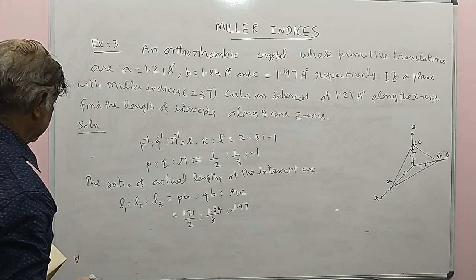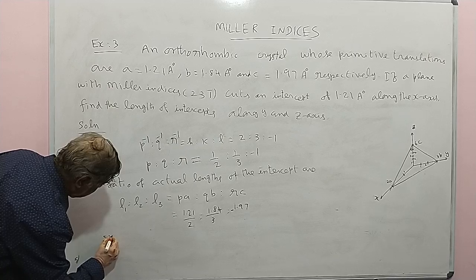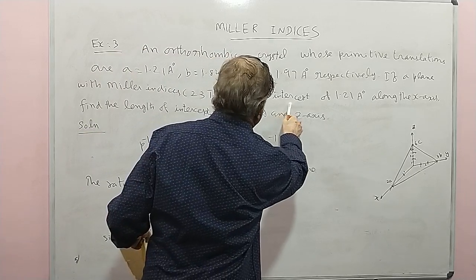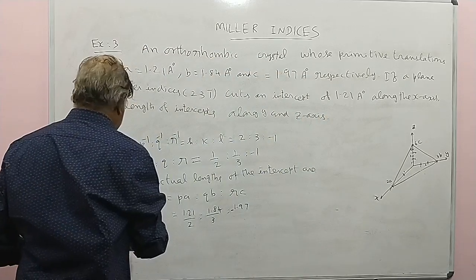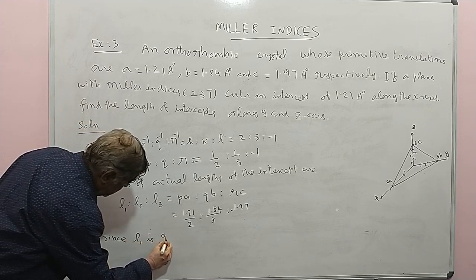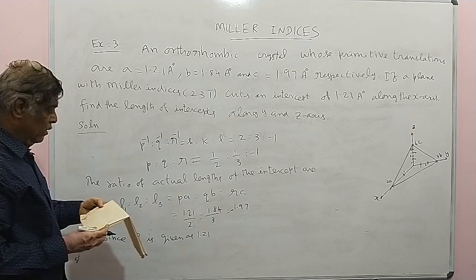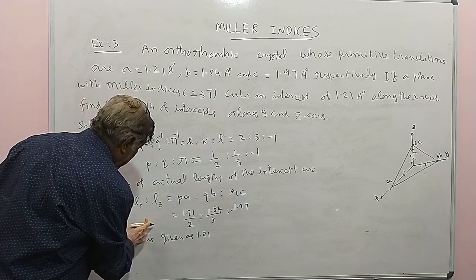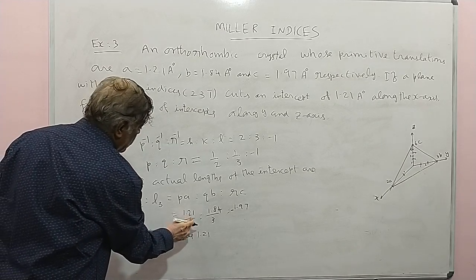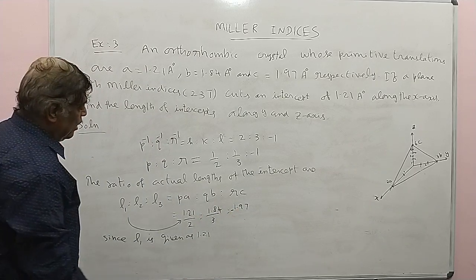Now L1 is given, because in this problem the plane cuts an intercept of 1.21 along the x-axis. So L1 is given as 1.21 angstrom unit, and L1 corresponds to this one. Since they are in the ratio, you can multiply by some number.